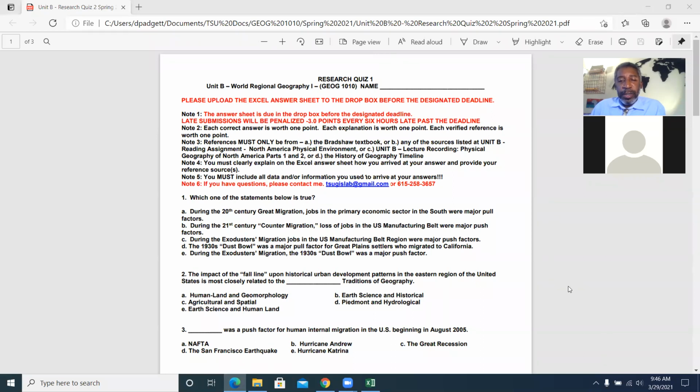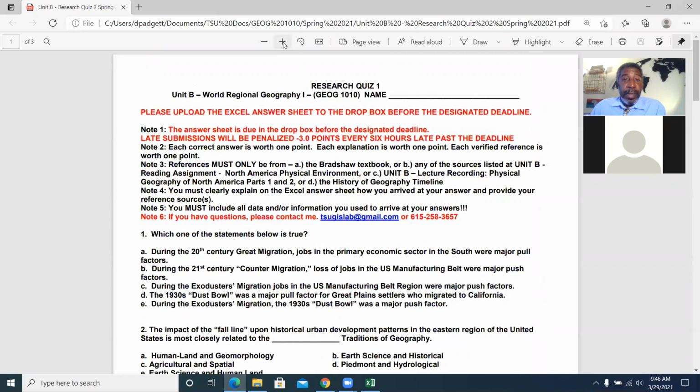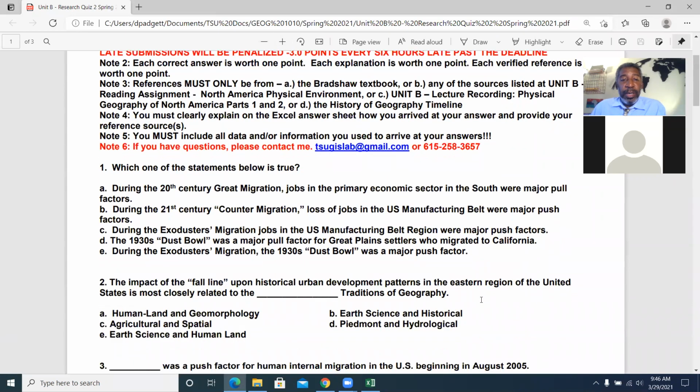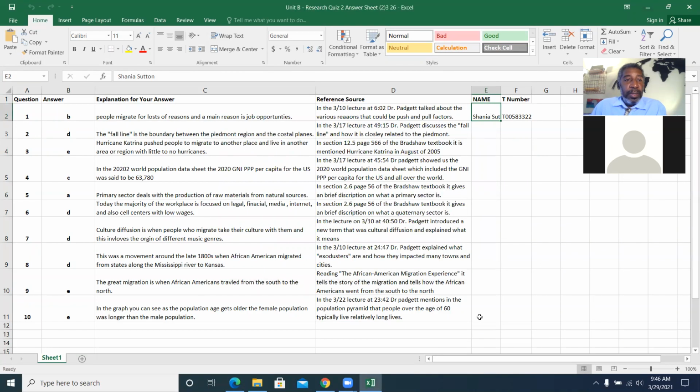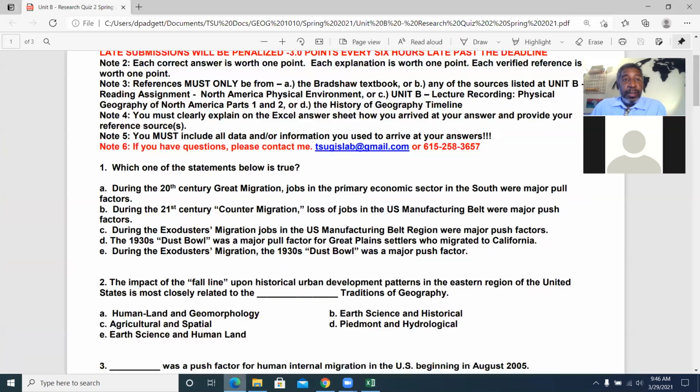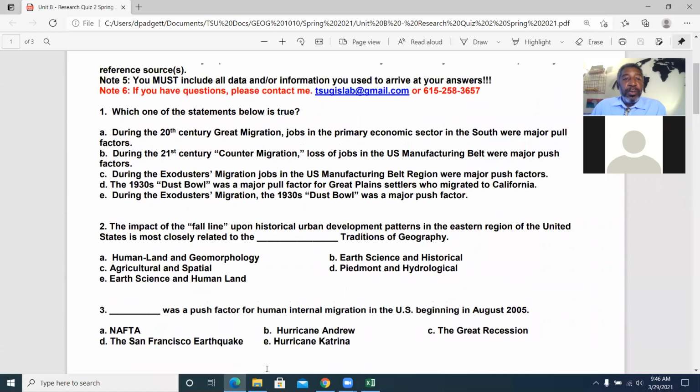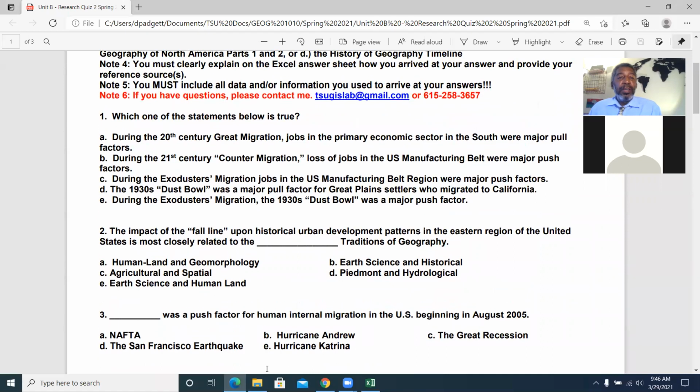So the first question asked essentially about which one of the statements below is true. Well, this was turned in. I think we can share the answer. So the question is, which one of the statements below is true? During the 20th century Great Migration, jobs in the primary economic sector in the South were major pull factors, and so on and so forth.